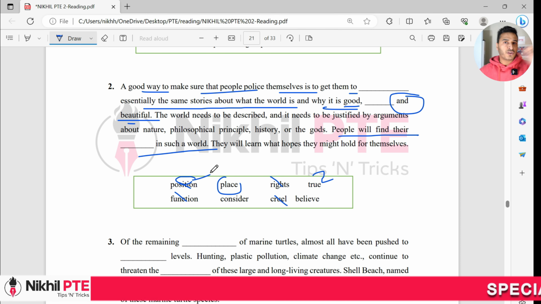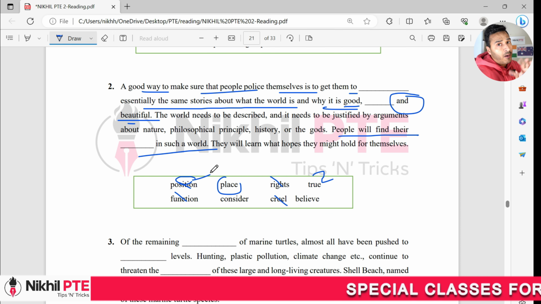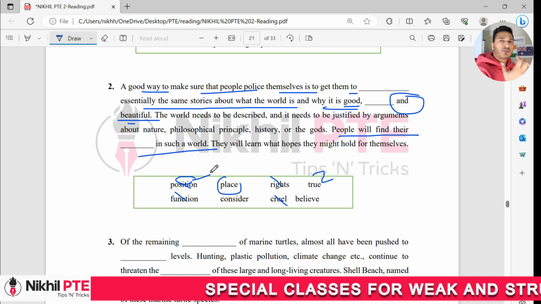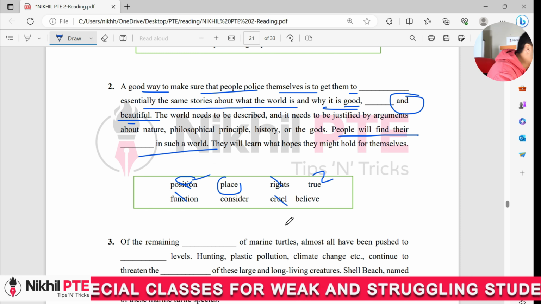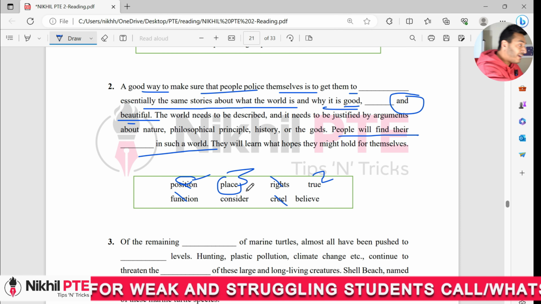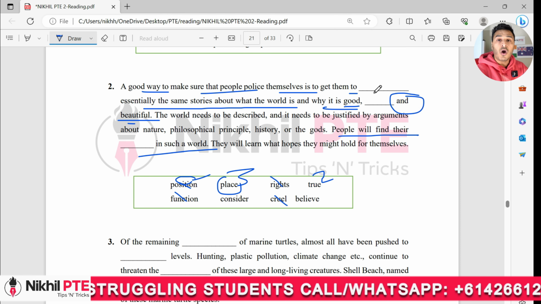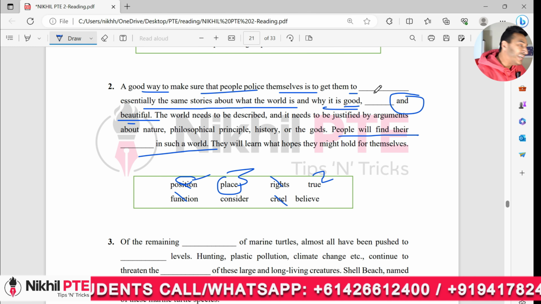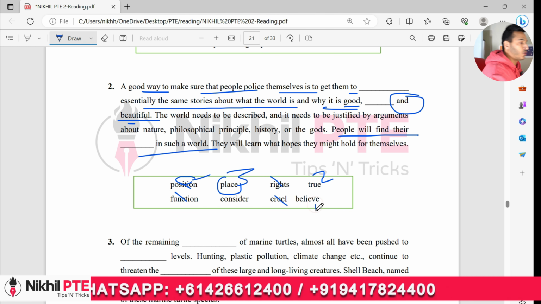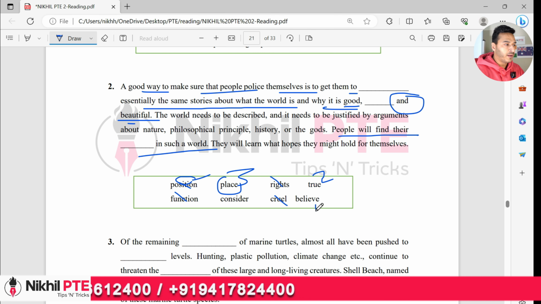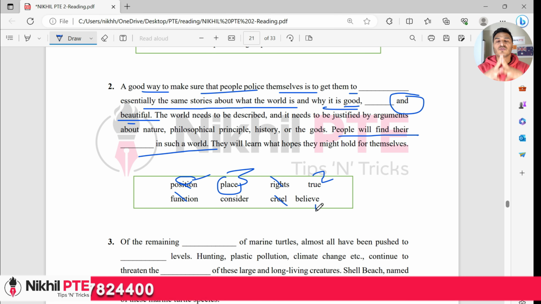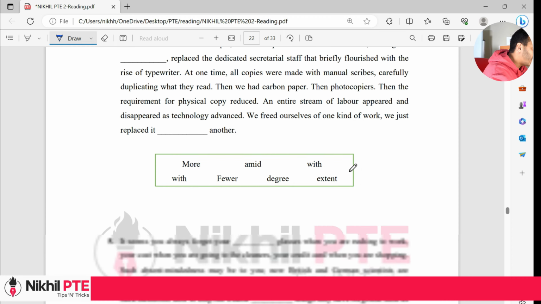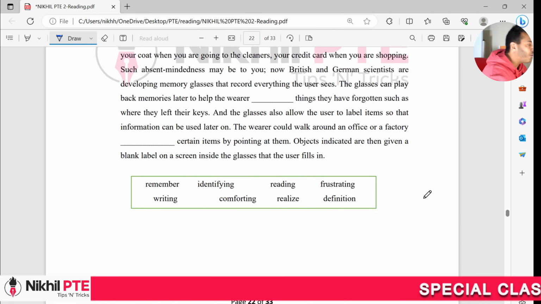I got first position, second position. Here we are not talking about any competition. Here we are talking about general things that are related with place. So place will be the first option. Now you are deadly sure believe will be the second option. Getting my point? So this way you can solve your fill in the blanks, guys. Understand the situation, accordingly you have to proceed.